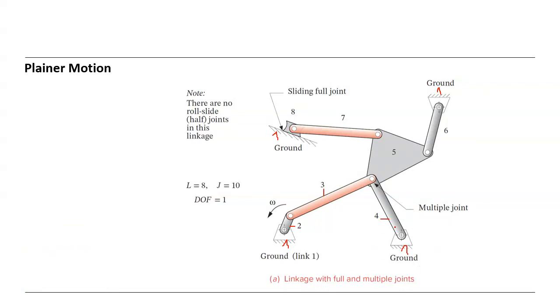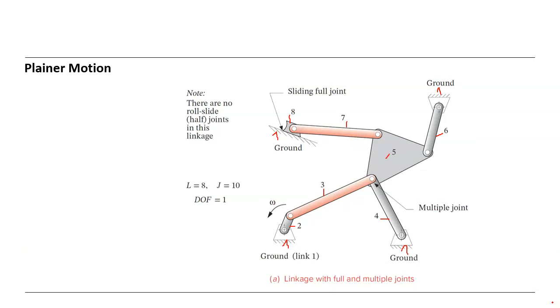So we said this is 4, 3, and this is 5, this is 6, and this is 7. And the slider is 8. So it seems that we have a 8-member mechanism.